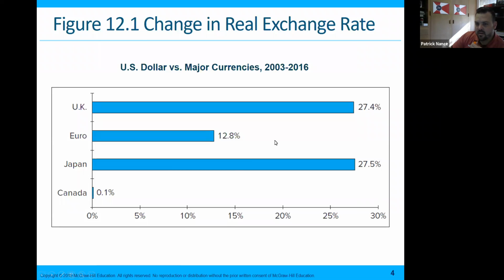And now this shows, between 2003 and 2016, the comparison of the US dollar to other currencies: the UK, which would be the British pound, the euro, which is the currency for most of the members of the European Union, and Japan, obviously, as well, another big economy in the world. So this is the real exchange rates between these countries and the United States.